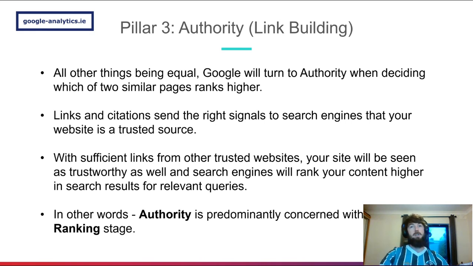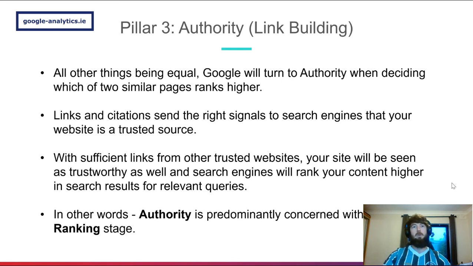So links and citations send the right signals to search engines that your website is a trusted source. With sufficient links from other trusted websites, your site will be seen as trustworthy as well, and search engines will rank your content higher in search results for relevant queries. In other words, authority is predominantly concerned with the ranking stage of how search engines work.